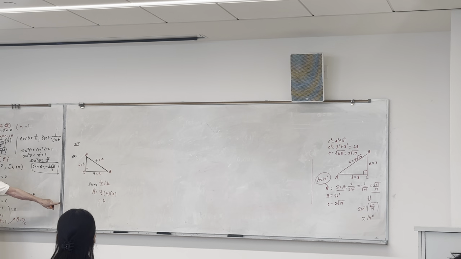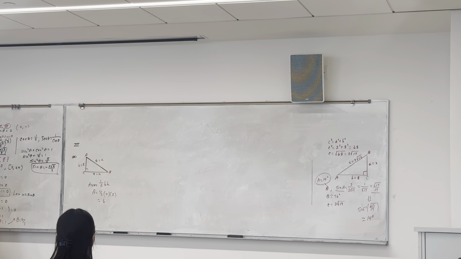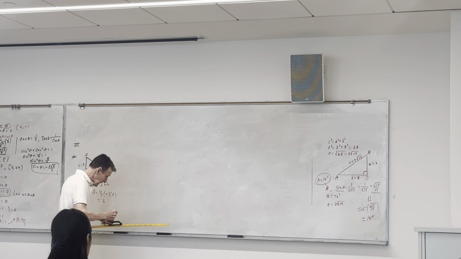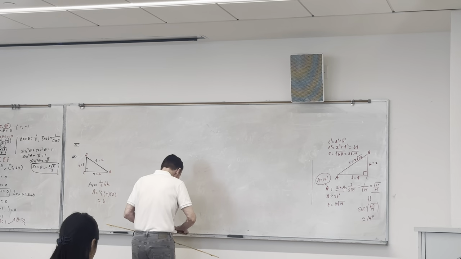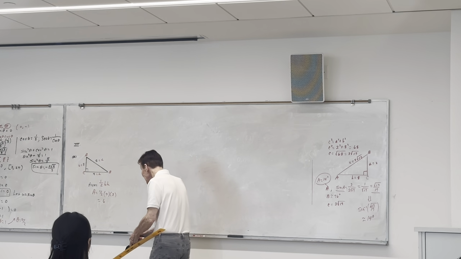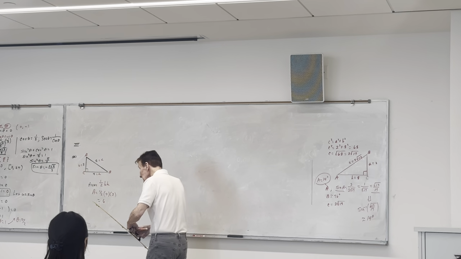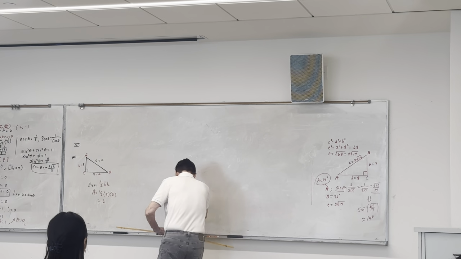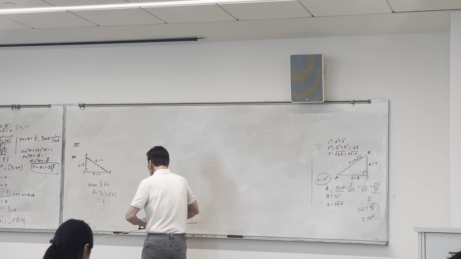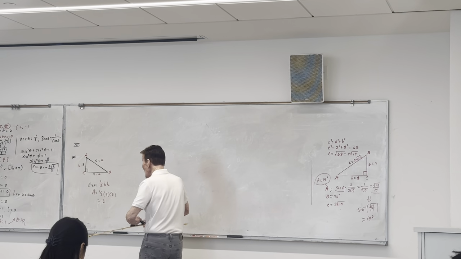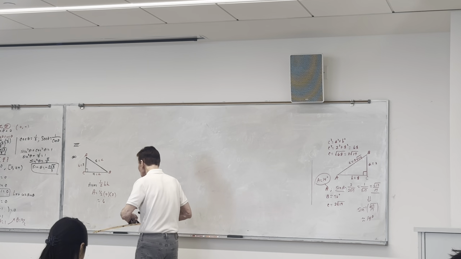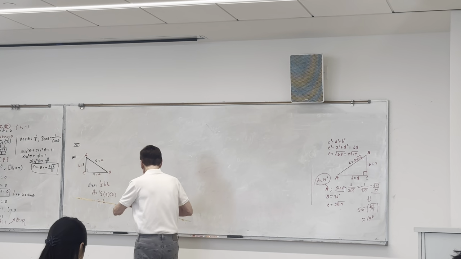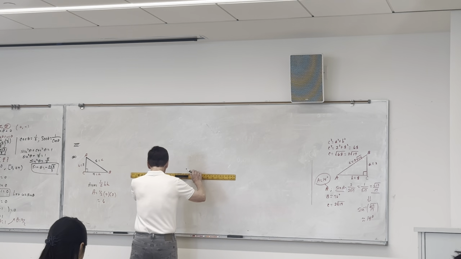Now, you want to see something like that? Yeah. What am I going to see? You're going to see this. On the side here, with that in mind, 1/2 base times height area, you're going to see a triangle that's a non-right triangle, like this.